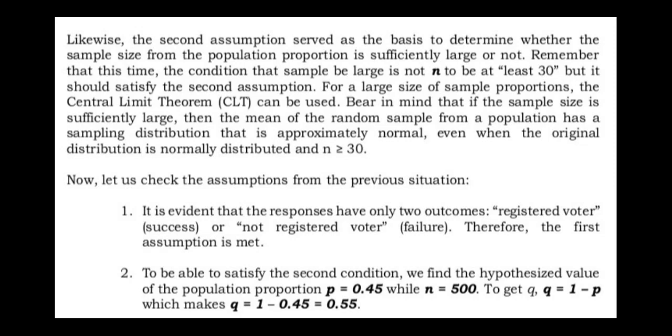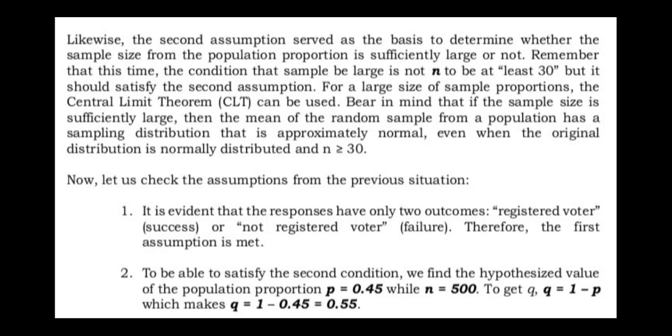Now let us check the assumptions from the previous example. It is evident that the responses have only two outcomes: registered voter, success, or not registered voter, failure. Therefore, the first assumption is met.